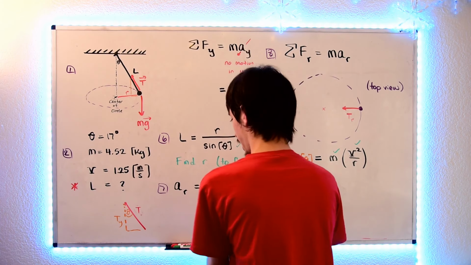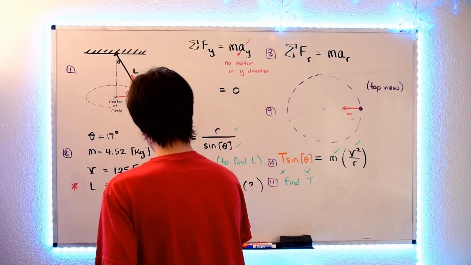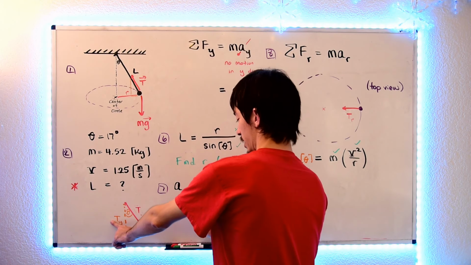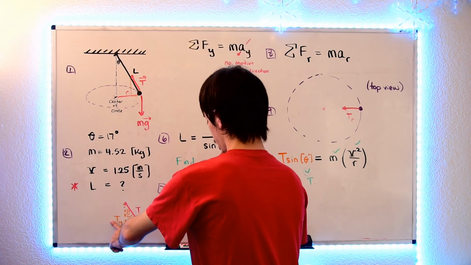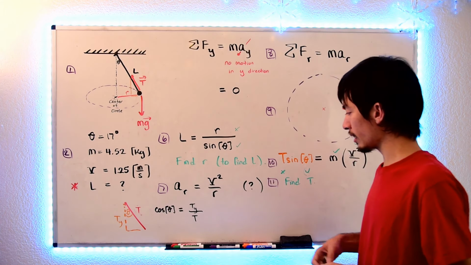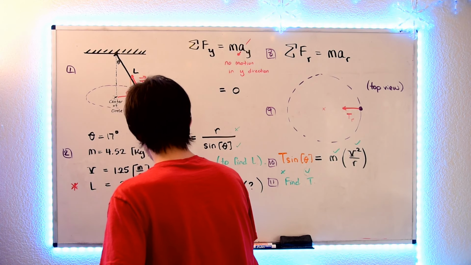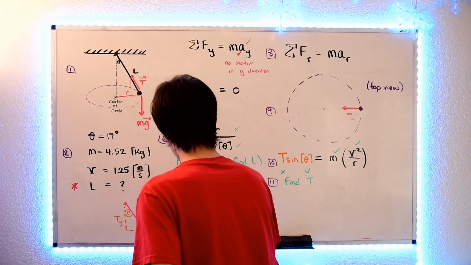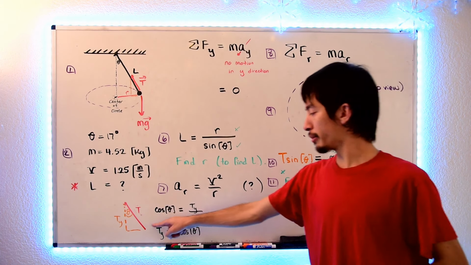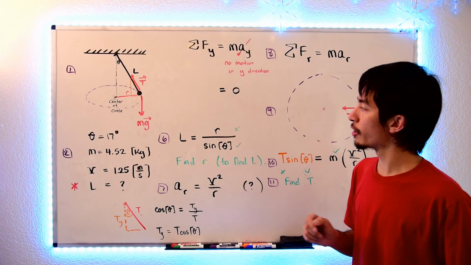So we have that cosine of theta equals adjacent, which is Ty, divided by hypotenuse, which is T. When you solve for Ty, it is T cosine theta. That's going to be the vertical component, or the y component, of the tension force.